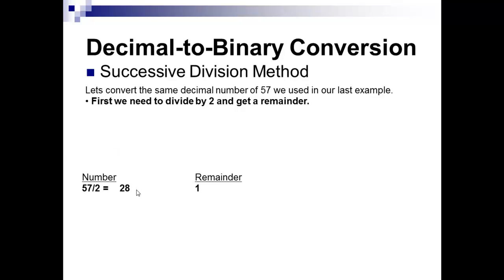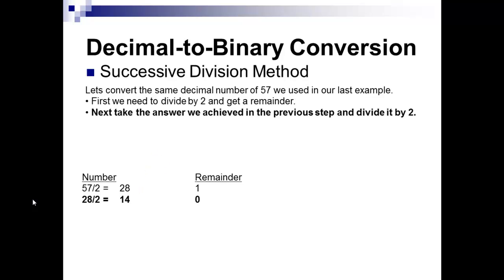In reality, you end up with 28.5. If you take that 0.5 times your base, half of your base, you get a remainder of 1. That's your remainder. It really helps later on when we get into other numbering systems to know that's how you get the remainder: taking your base times whatever decimal part you get. For binary it's pretty straightforward, but for later on, you almost need it.